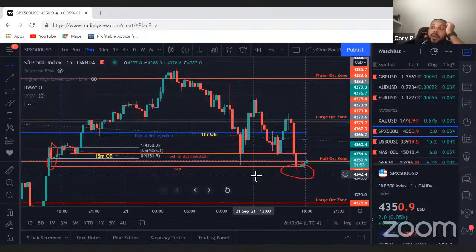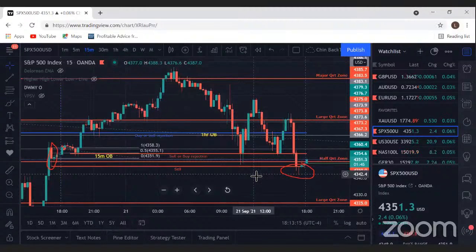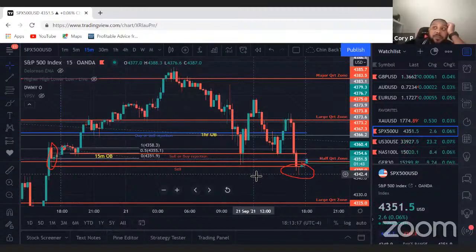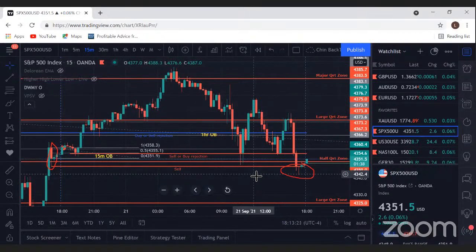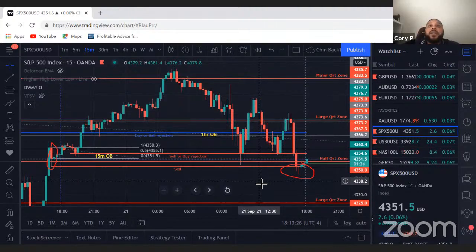We're hanging around it, but we still haven't violated it yet. So it could still go up from here. That'll be the question. Is this the Fashion Nova discount area that you always talk about? It is, but usually when I'm referring to that, I'm talking about the higher time frame.